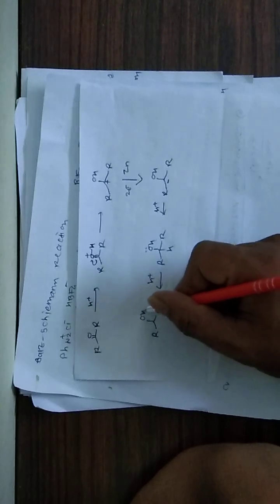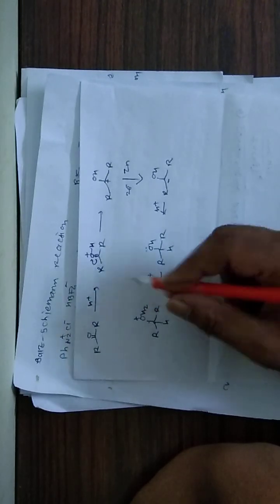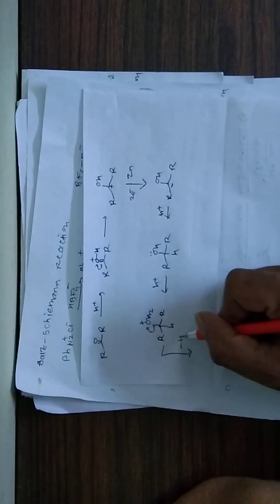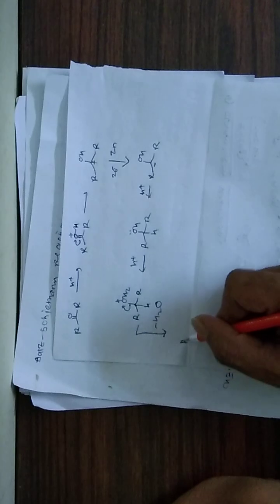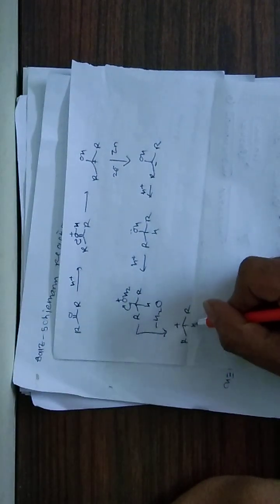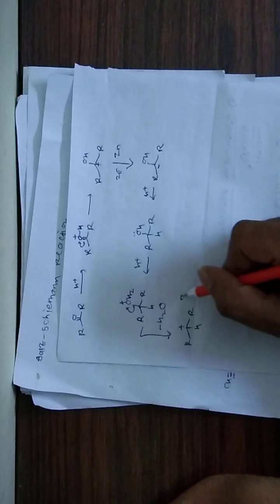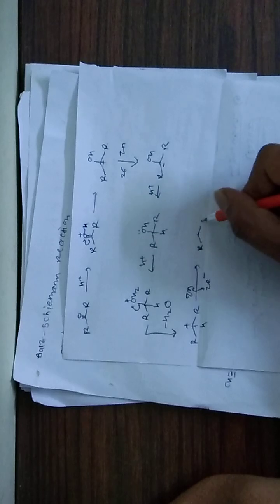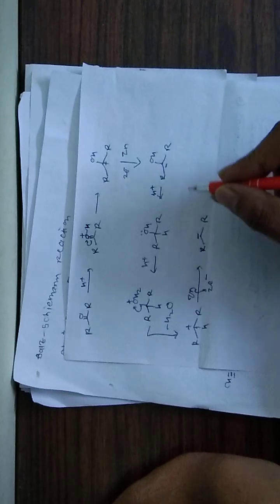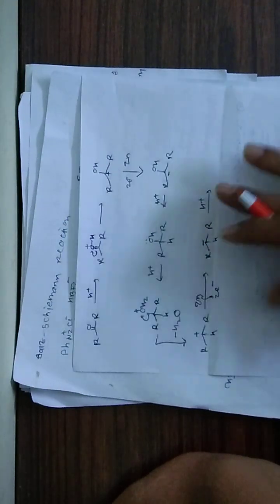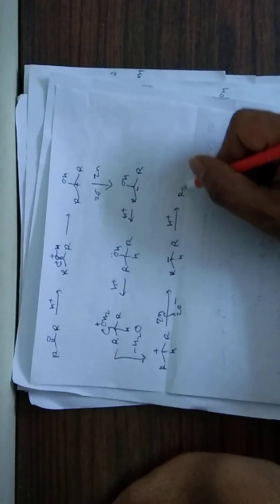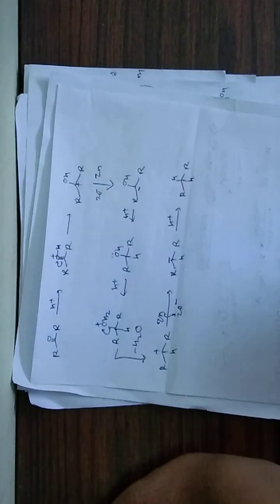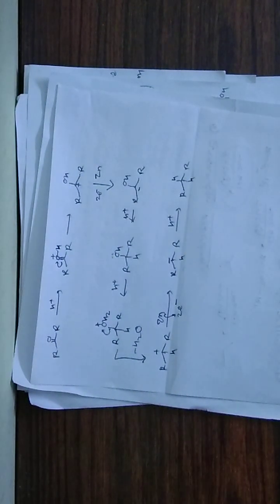Next, again this OH will be protonated. So here OH2 with a positive charge, here H. Now H2O is a very good leaving group, so this water will leave out, minus H2O. And here a positive charge forms, here hydrogen is there, and again zinc is there. This will give 2 electrons. Due to 1 electron, the positive charge will be neutralized, and due to the other electron, a negative charge will come on that carbon. Here H, and again a proton is present in the reaction, so it will accept a proton, and this will convert to a simple corresponding alkane.